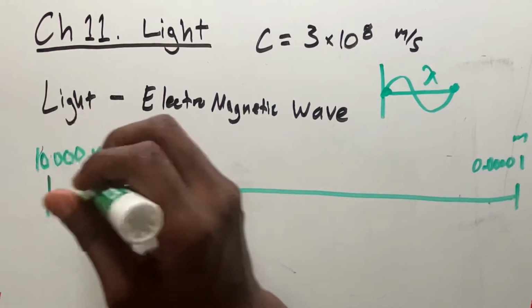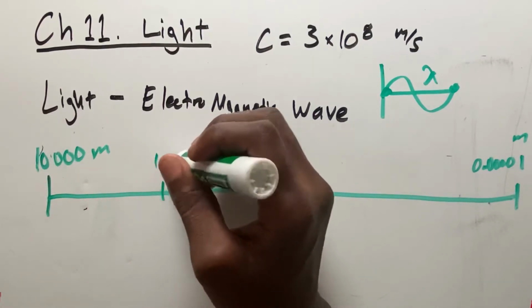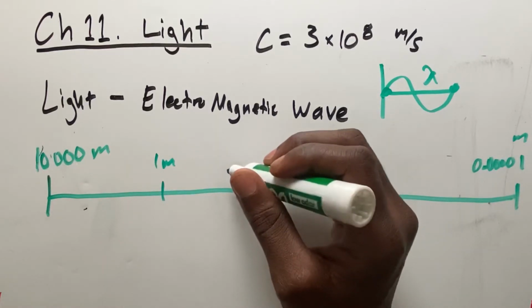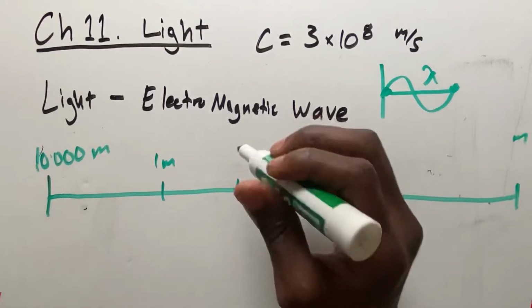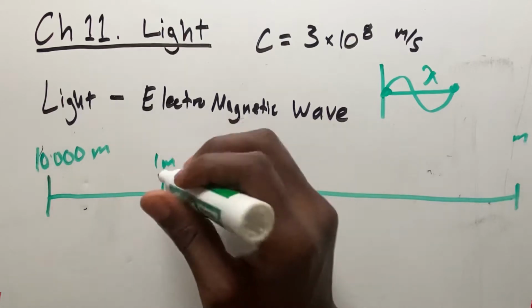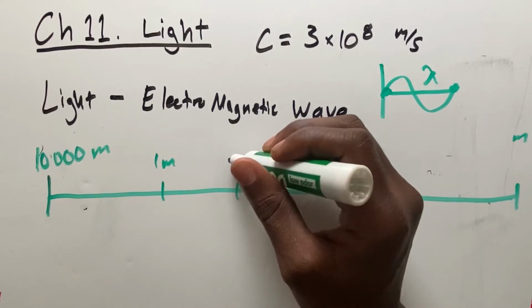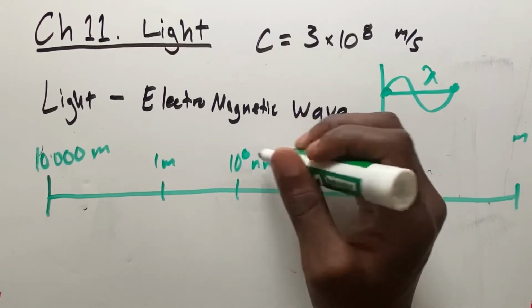So let me make some marks. So let's say around right here is 1 meter. Around here, oops, it's actually way smaller. That's 1 meter. Let's say right here is 10 to the 6 nanometers.